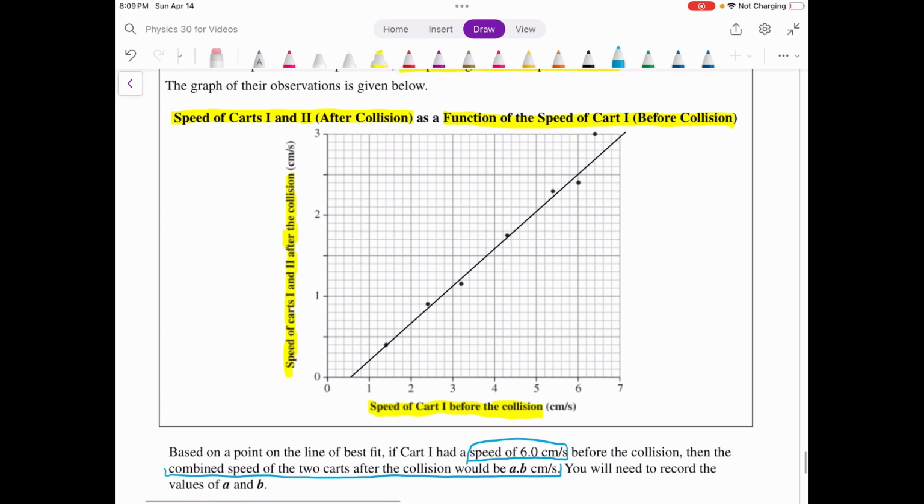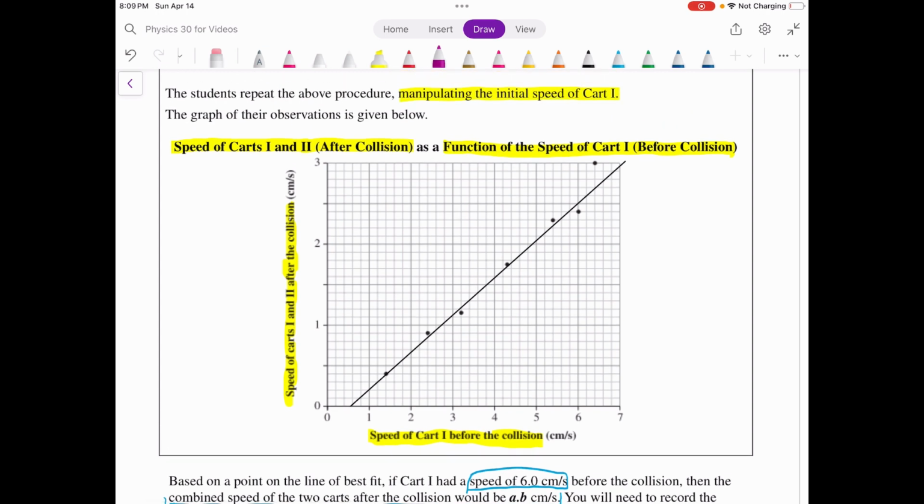So using the line of best fit, forgetting about the single data point, let's just read it off. If we gave it 6 centimeters per second initially, the trend and the relationship in the data suggests that the carts should end up with, looks like it's right in the middle of 2 and 3, 2.5 centimeters per second.